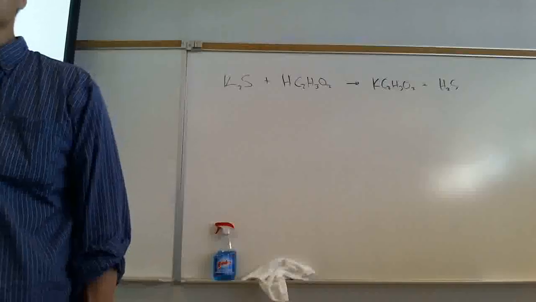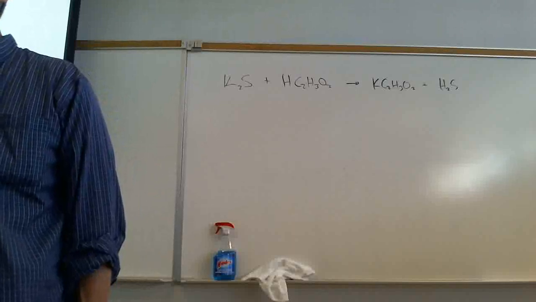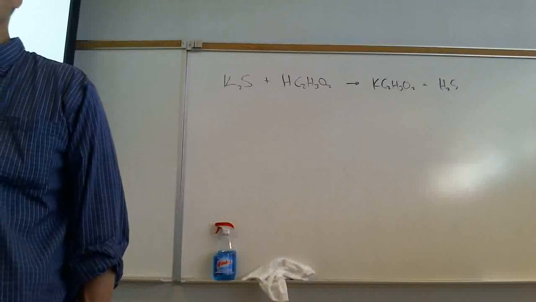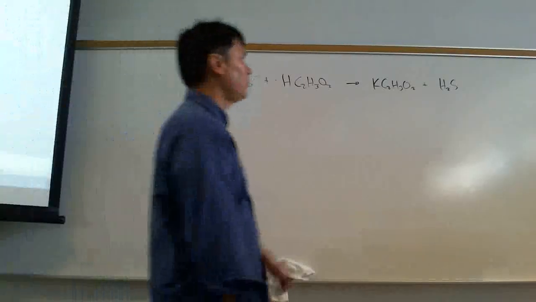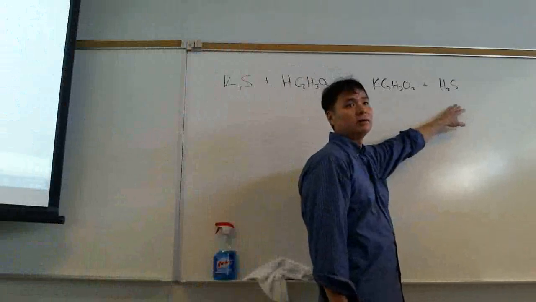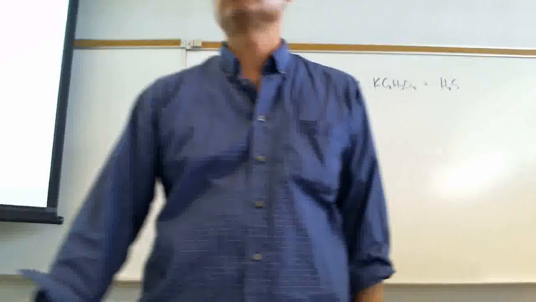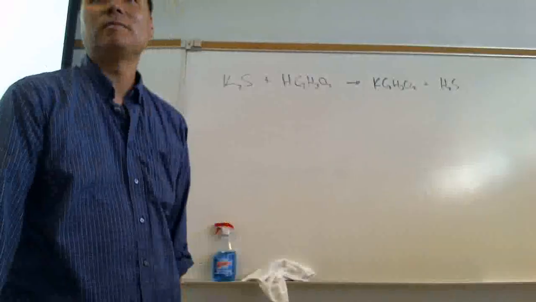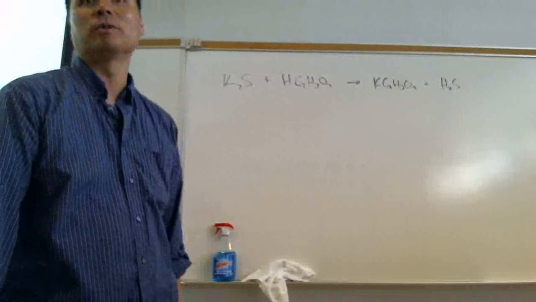Do you guys recall the definition of solubility? There are 2 definitions for solubility. One definition is: is it soluble or not soluble? That's qualitative. The other definition of solubility is the maximum amount of solute that will dissolve in a given amount of solvent. And so the solubility of hydrogen sulfide is only 0.1 molar. That is, the maximum amount of H2S we can put in water is 0.1 moles per liter.